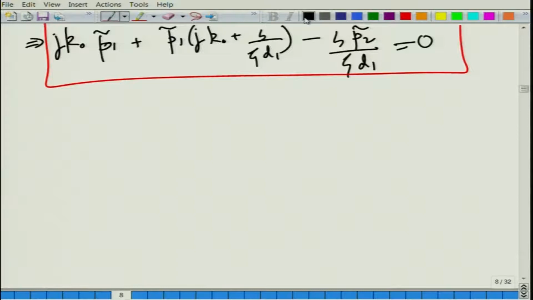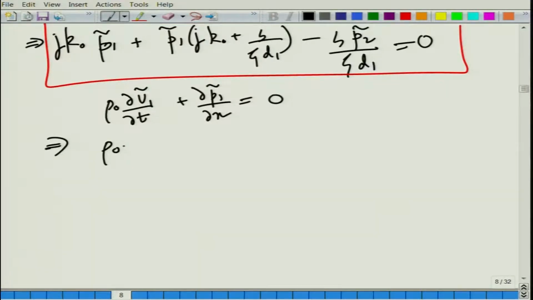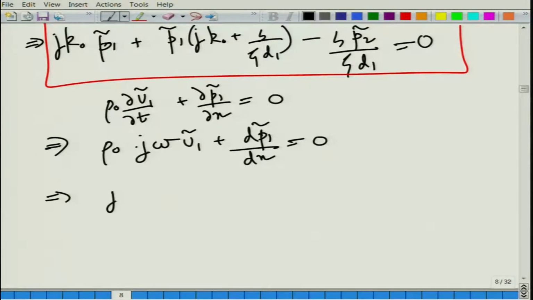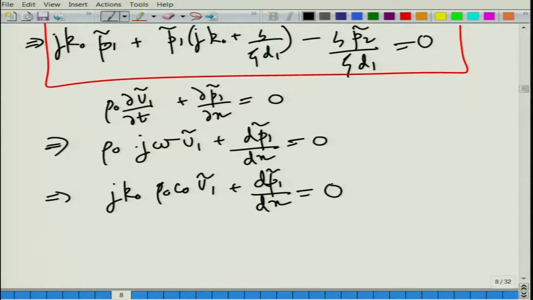Now, the momentum equation in this duct will remain the same. So, we get rho naught into del u 1 tilde by del t plus del P 1 by del x, and here we get rho naught C naught u 1 plus, you get this sort of a thing.